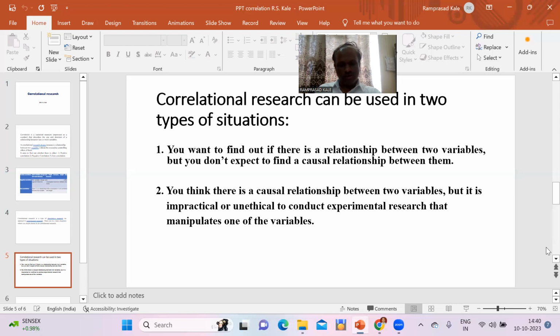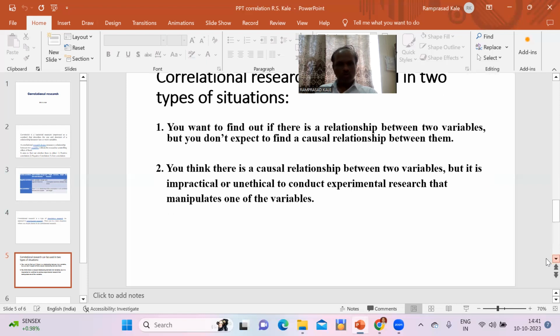It may be unethical to deliberately expose children to passive smoking. But you can do a correlational study to find out if children whose parents smoke are more likely to have asthma than children whose parents don't smoke.